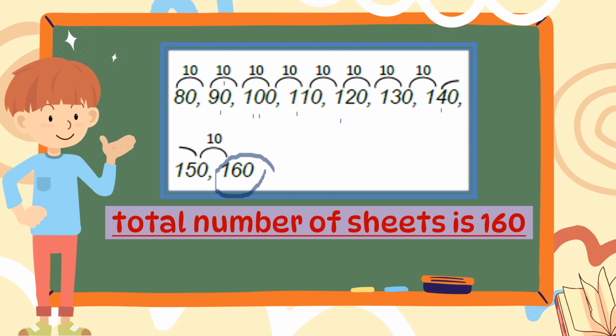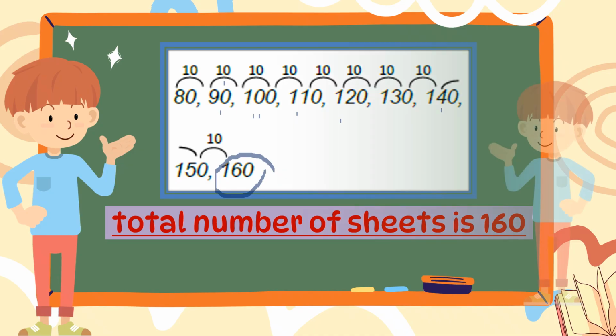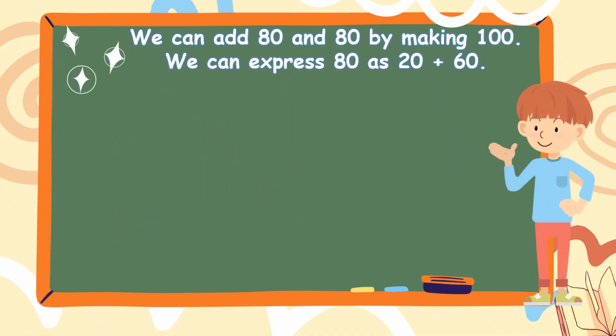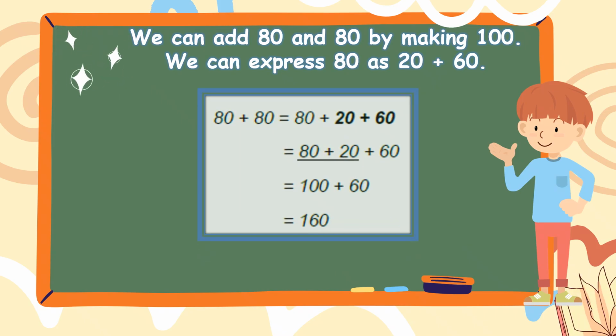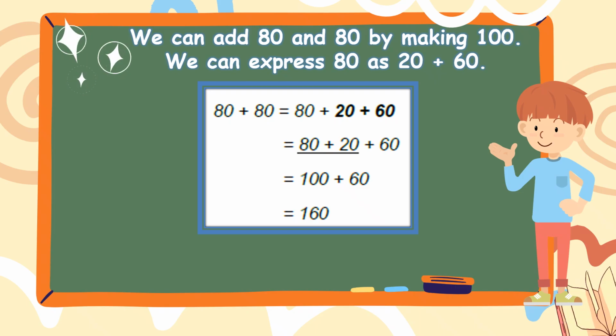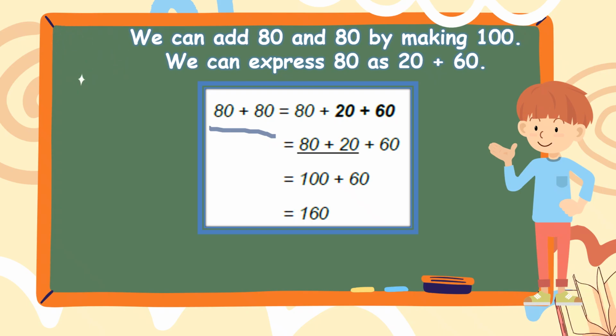Do you imagine now how easy it is for you to add big numbers together? We can add 80 and 80 by making 100. We can express 80 as 20 plus 60, just like this. In this problem, you are trying to find the sum of 80 plus 80. Since this is a little bit bigger, you're going to express it like this. 80 is already in your mind.